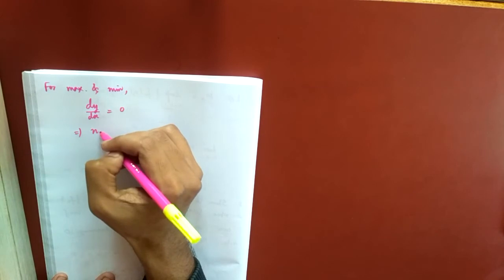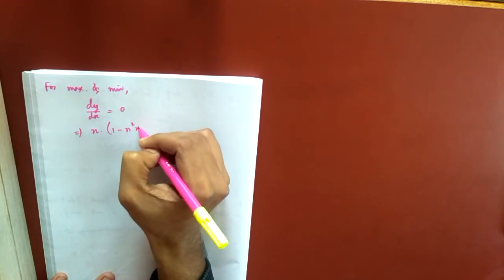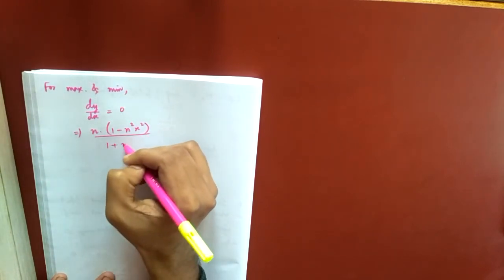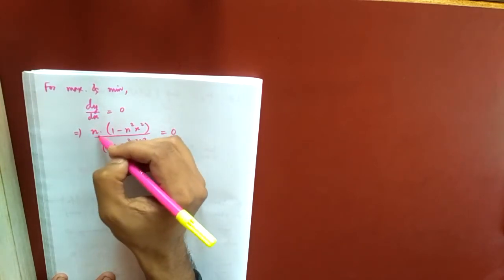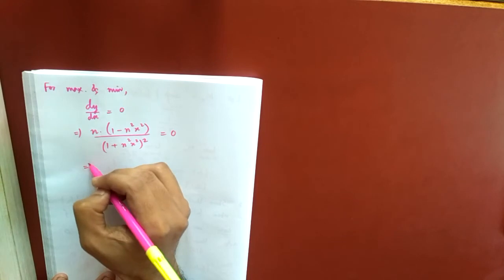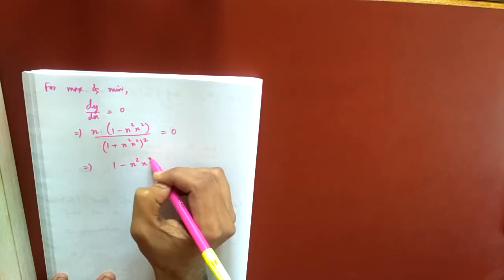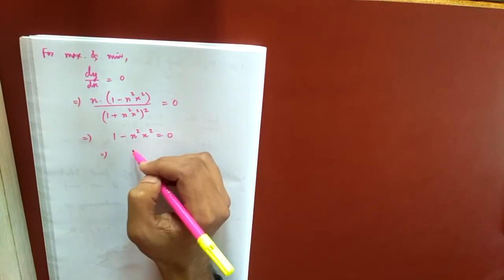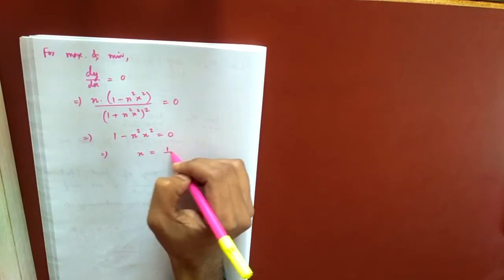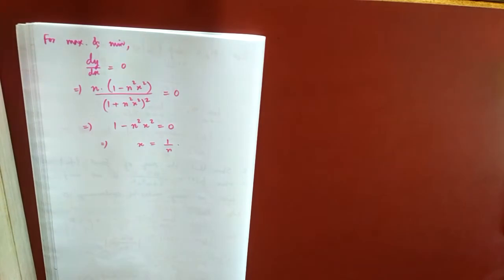That means n times (1 minus n square x square) by (1 plus n square x square) whole square must be equal to 0. The n cannot be 0 and the denominator cannot be 0, so the only possibility is that 1 minus n square x square will be 0. That means x equals 1 by n. Right?